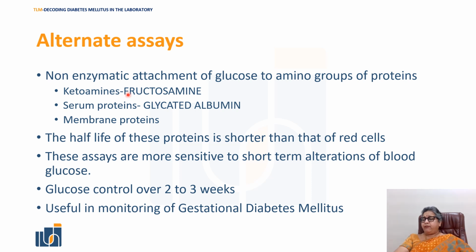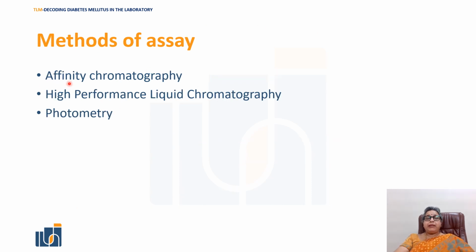Though not done very frequently, in somebody whose glucose level is fluctuating, this is a good test to measure the changes in the glucose level over shorter periods of time, and it is a good monitor in gestational diabetes mellitus. The assay can be done again using HPLC, affinity chromatography, or photometry. These assays are done in specialized labs, and you can use them for short-term changes in the glucose level over 2 to 3 weeks.